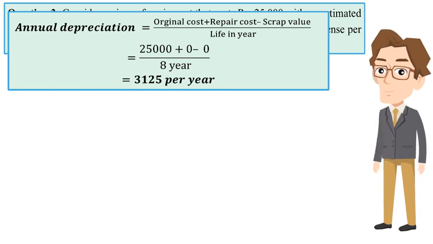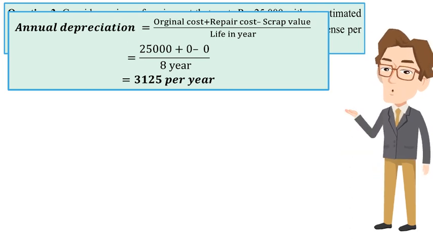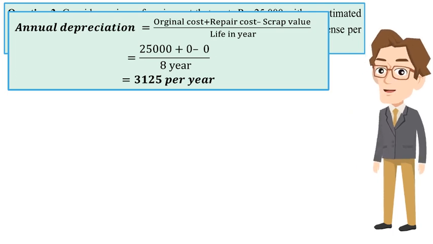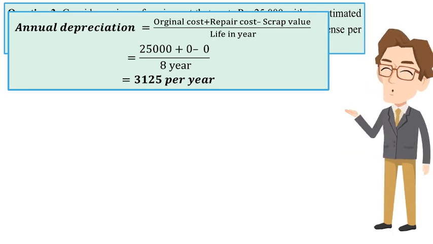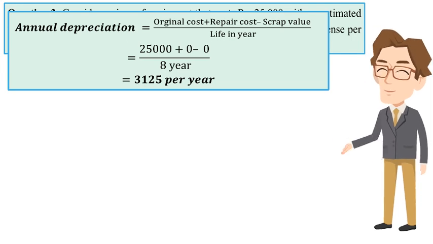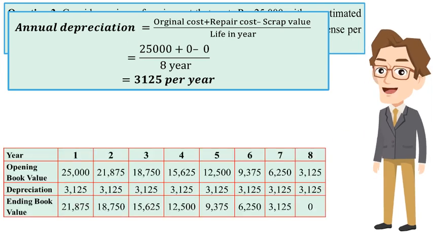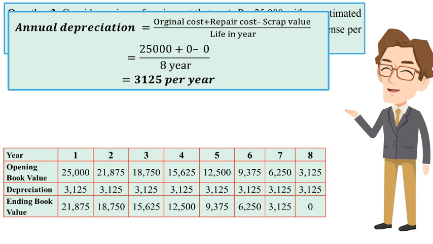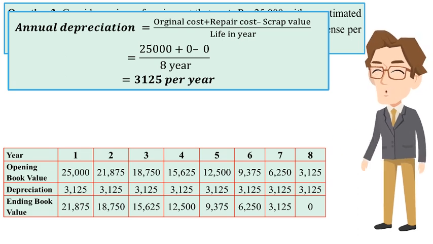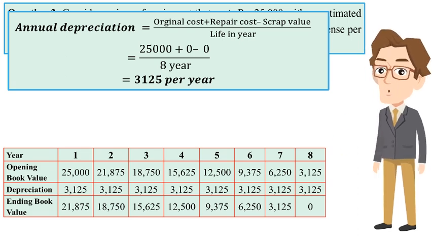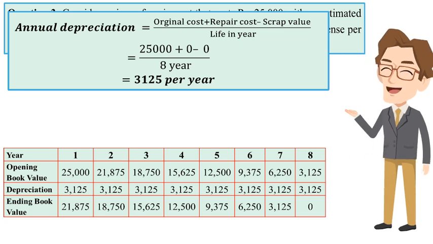Substituting the given values into the formula, we get annual depreciation equals Rs 3,125. This means that every year, the book value of the equipment decreases by 3,125 rupees.